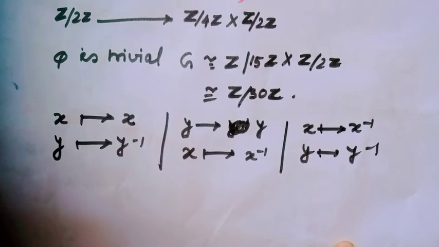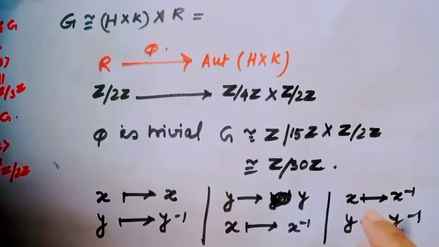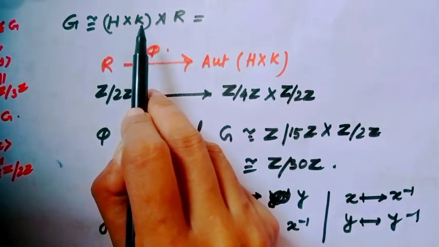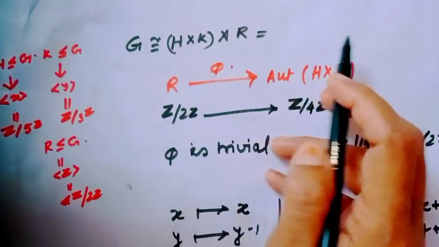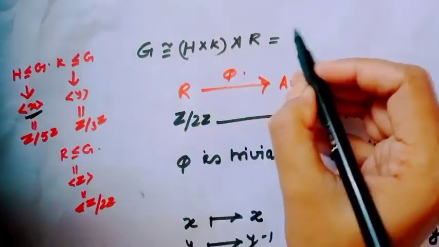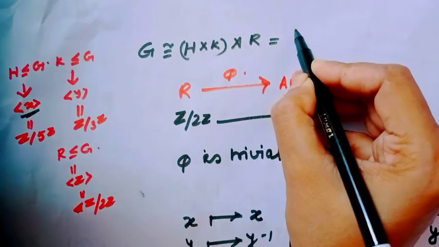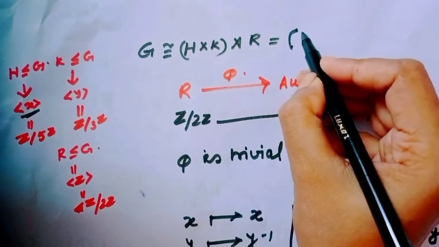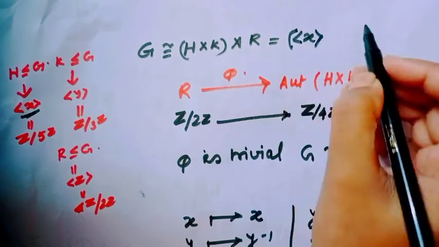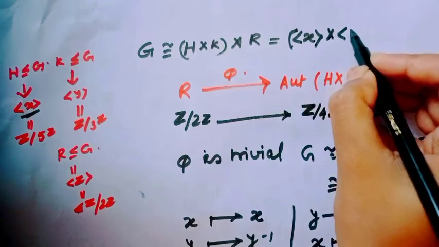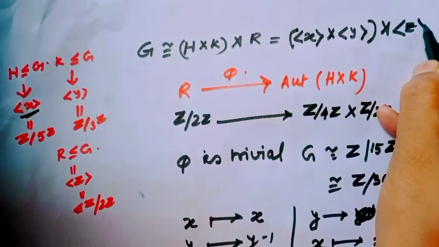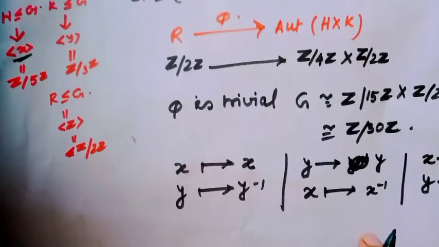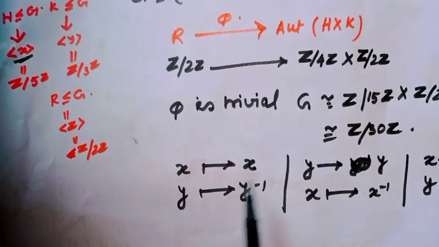Now say here G is isomorphic to H direct product K, semi-direct product R. H means the cyclic subgroup generated by X, direct product the cyclic subgroup generated by Y, semi-direct product the cyclic subgroup generated by Z. And here notice X maps to X and Y maps to Y inverse.